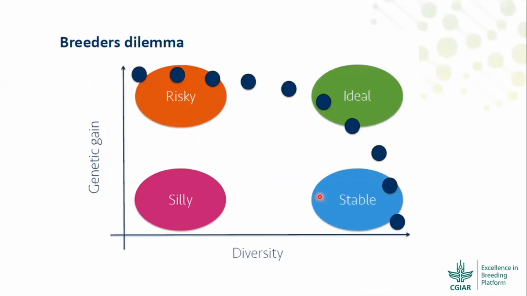So this is just a figure that I took from some of the Roslin people. Sometimes you have to leverage genetic gain and diversity, and you have to come to a trade-off. Most of the people in some of the CG programs have gone in this direction, trying to keep a lot of diversity, but sometimes with very low genetic gains.